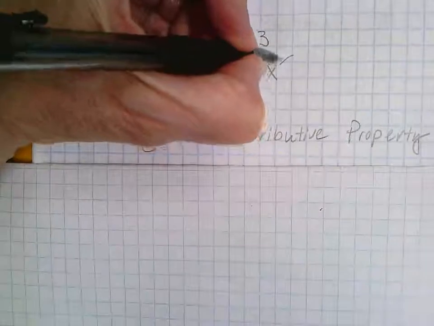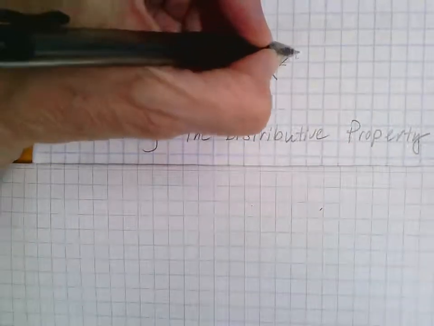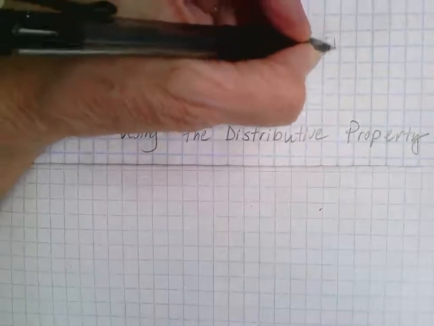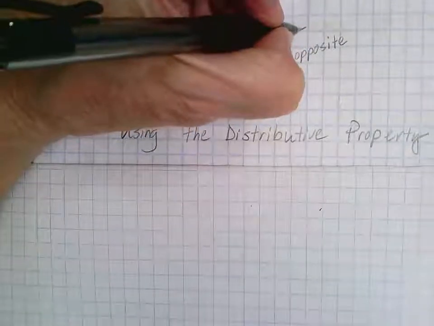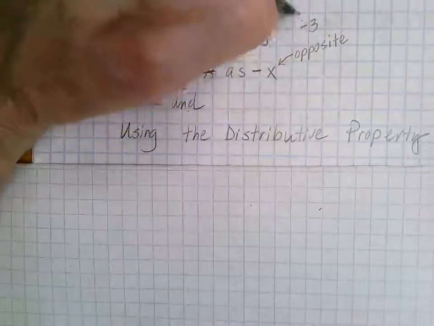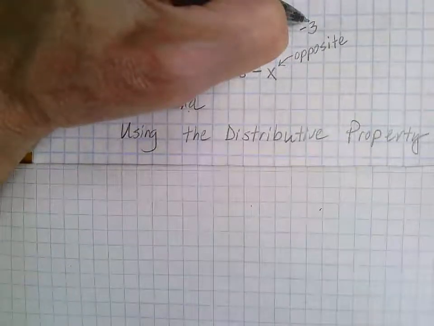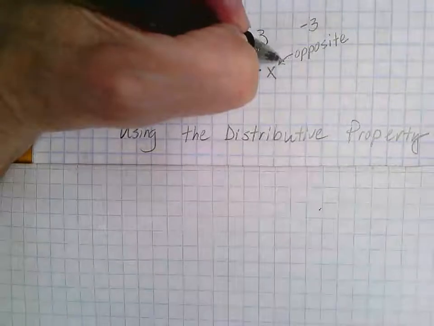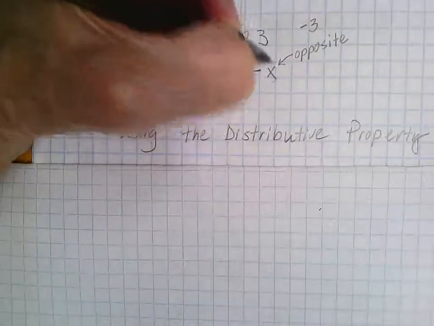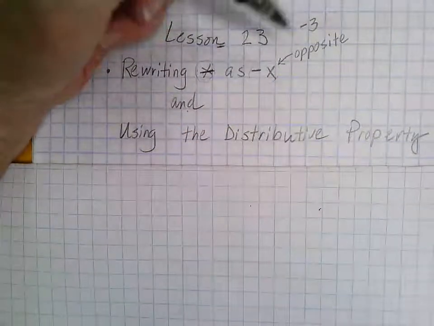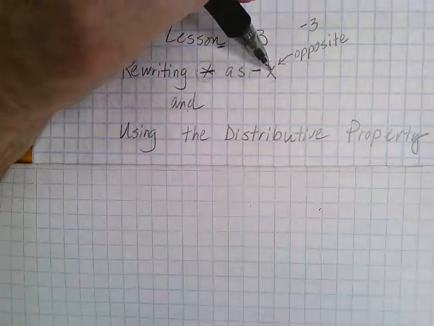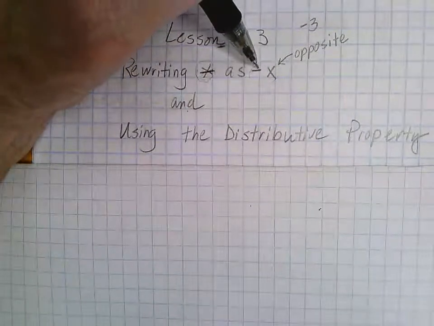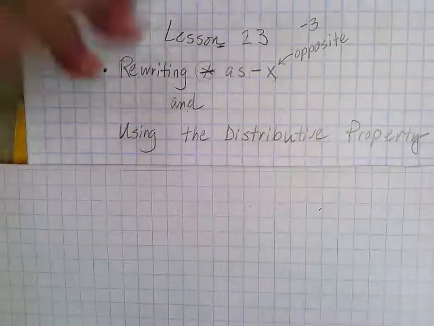So this actually means the opposite of x, just like this means the opposite of positive 3. We call it negative 3, and so this can also be referred to as negative x. It can be referred to as the opposite of x. Both are appropriate. The most common way you're going to hear it is negative x.